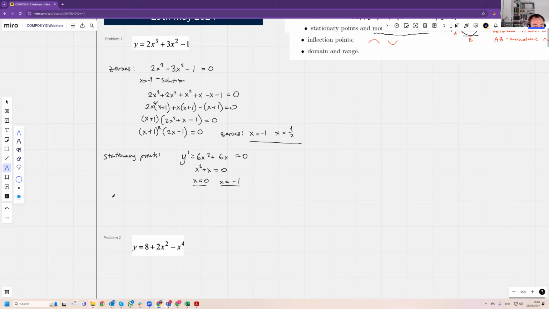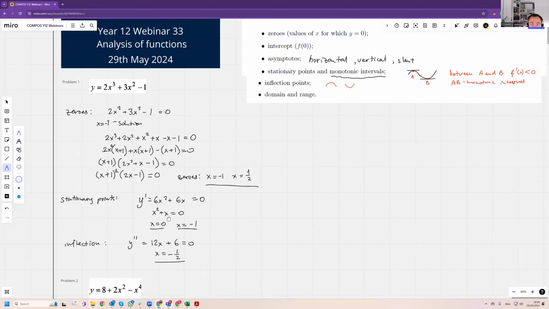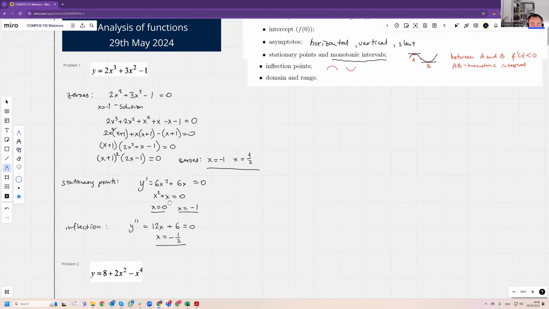And inflection: y double prime is 12x plus 6 equals 0. x equals -1/2 is an inflection point. Asymptotes: none.